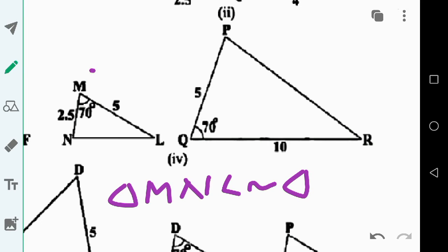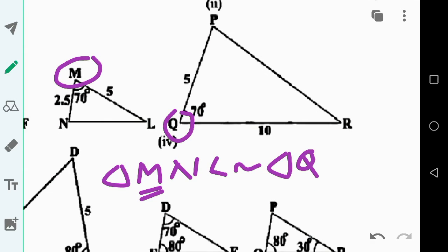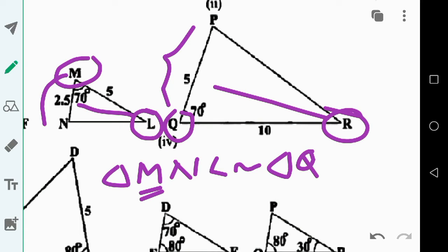Now angle M is equal to angle Q, so corresponding to M is Q. Then you see, we have taken the ratio between MN and PQ, and the vertex opposite to MN is L, and the vertex opposite to PQ is R. So L is corresponding to R. L is written at the end, so R should be written at the end.